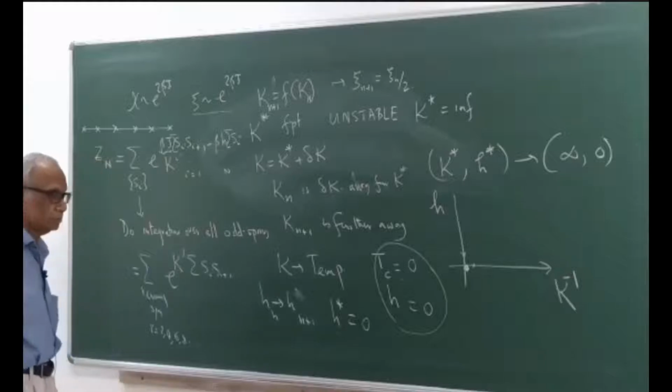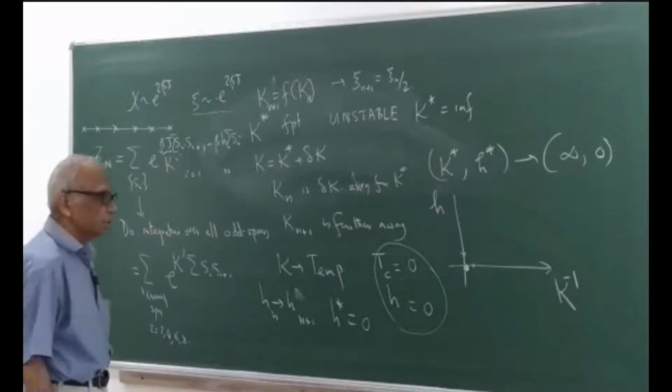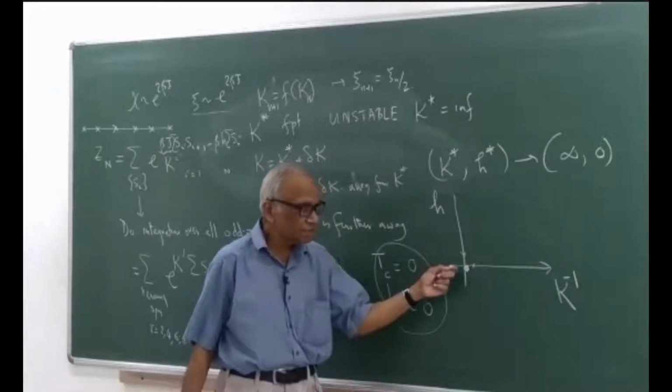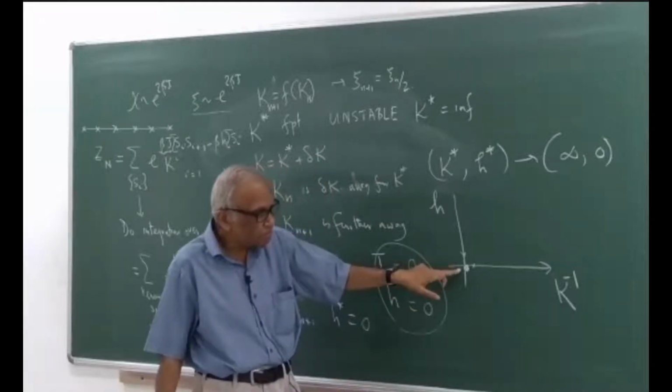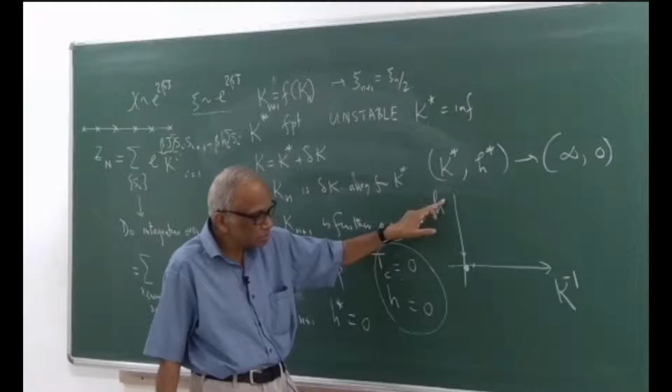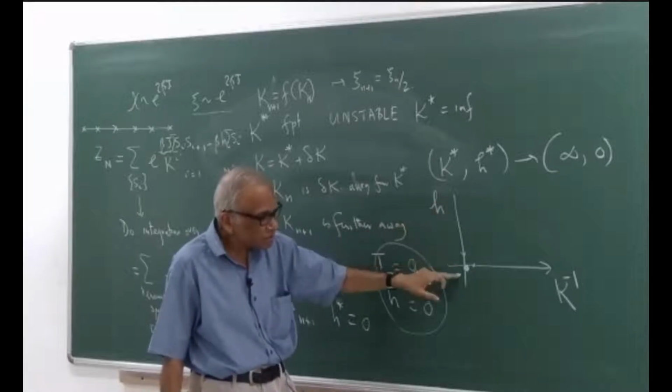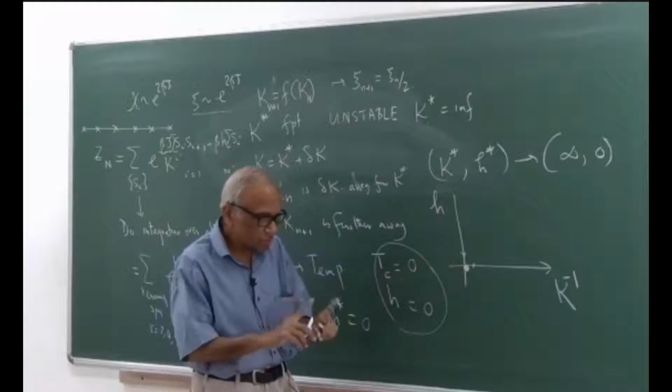K inverse, and so this, which corresponds to T equal to infinity and H equal to 0, that is the critical point.